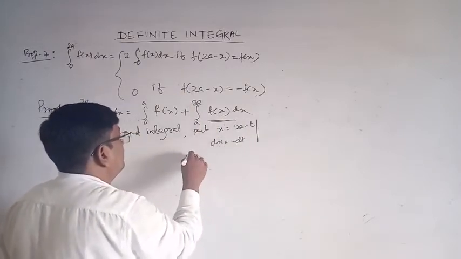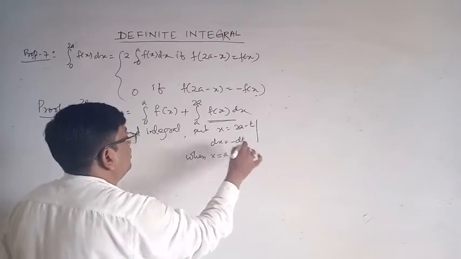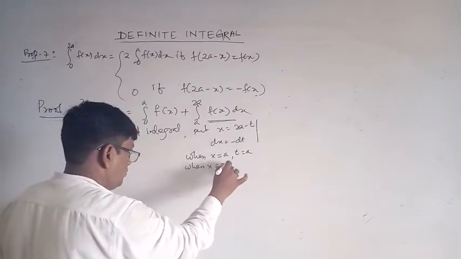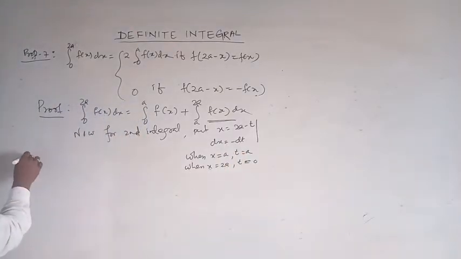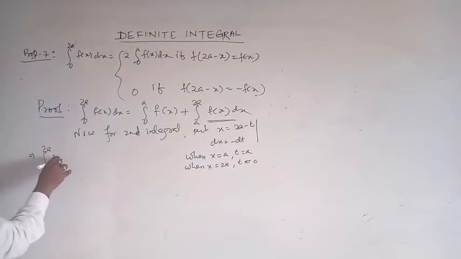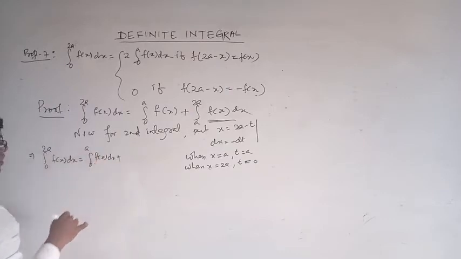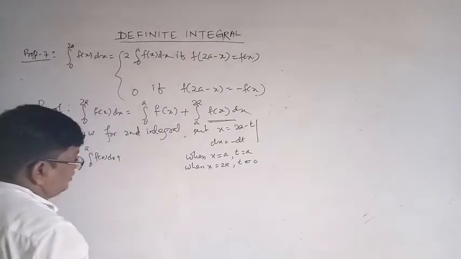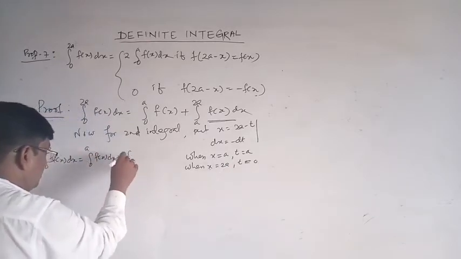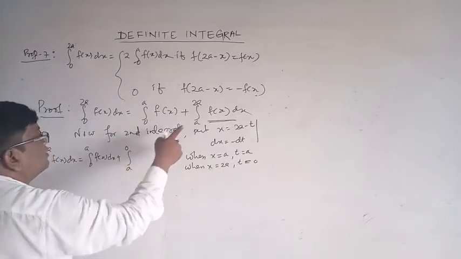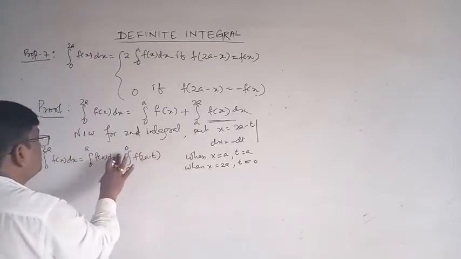When x is equal to a, t is equal to a. When x is equal to 2a, t is equal to 0. Now that implies integral 0 to 2a f of x dx is equal to integral 0 to a f of x dx plus, the limit is a to 0, and this is f of 2a minus t into minus dt.